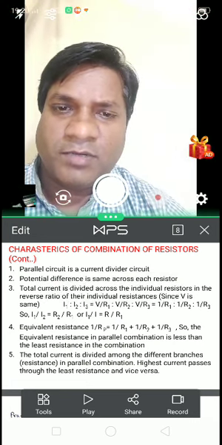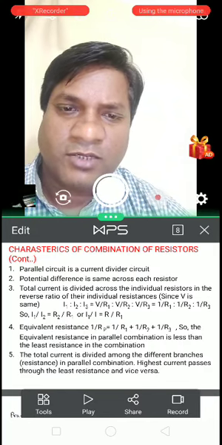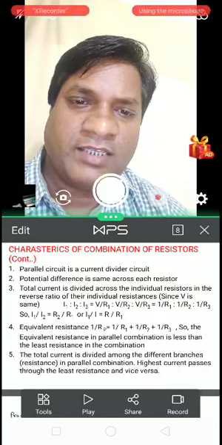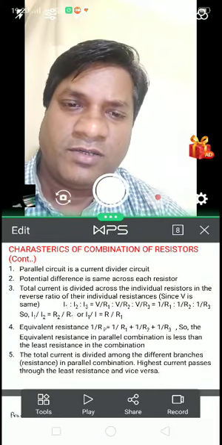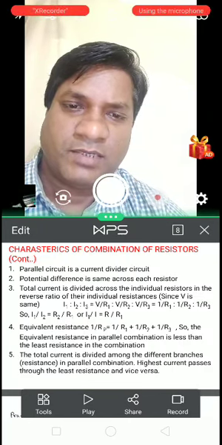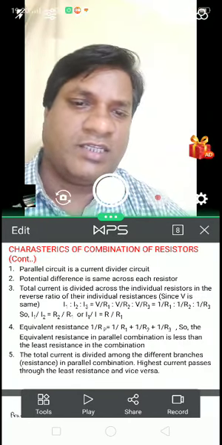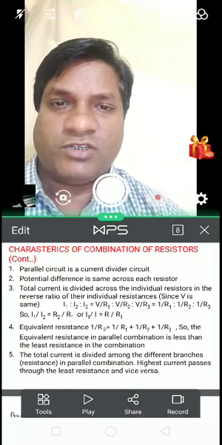Now see point number 3 which we have discussed earlier. At the last of point number 3, we have discussed that I1 upon I is equal to R upon R1. That means the current in branch 1 divided by total current is equal to total resistance by resistance of branch 1. That means the ratio of current is the reverse ratio of resistance.